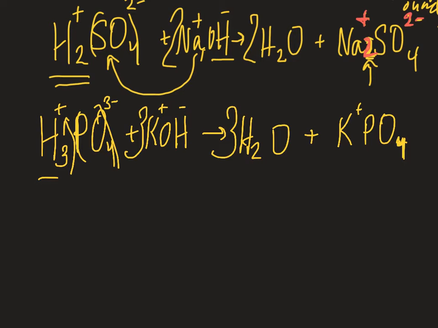Now don't get confused with the subscript of the 4 there. Unlike binary ionic compounds that are composed of only one metal and one nonmetal, they could be in different ratios. It doesn't necessarily mean 1-to-1 as in NaCl. You could have iron chloride, FeCl3.